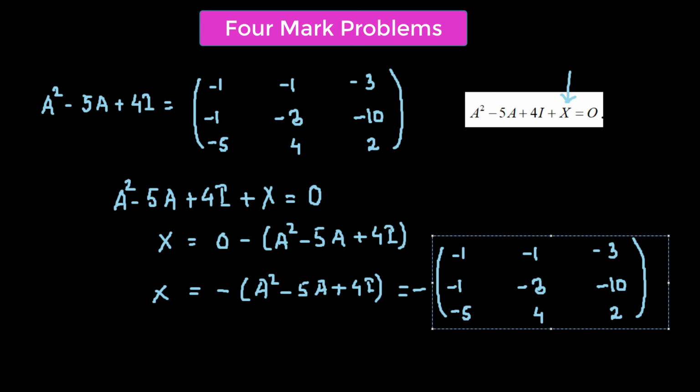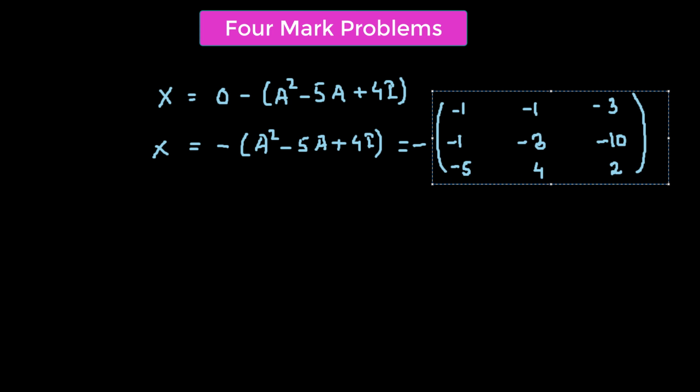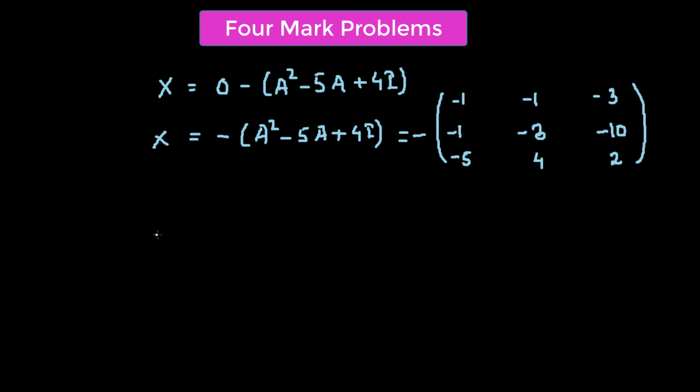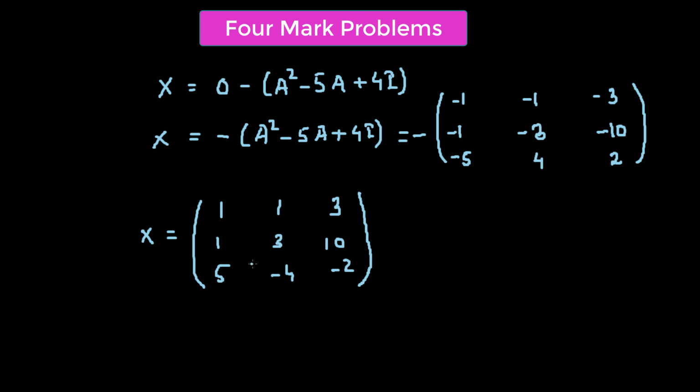We simply have to multiply each entry by negative 1. So we get X equals 1, 1, 3, 1, 3, 10, and 5, negative 4, negative 2. So that's it. That is the value of matrix X. So this is done. Let's go to the next one.